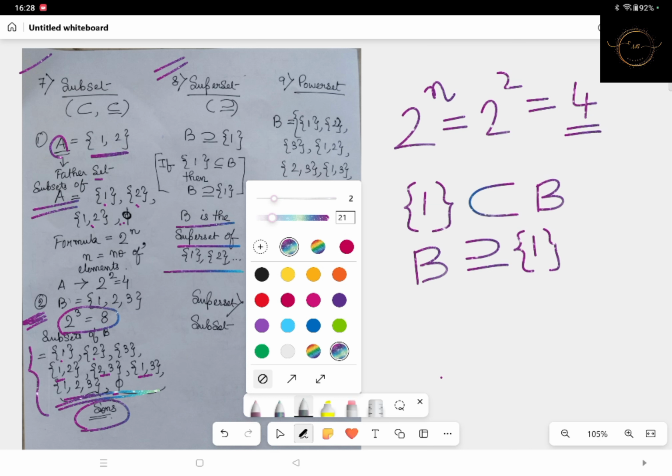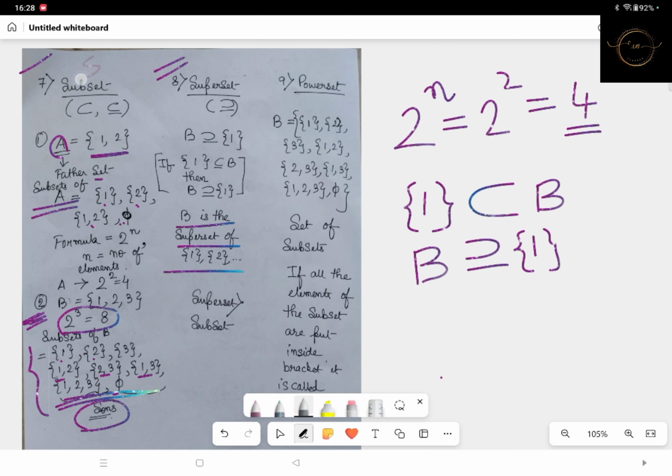By age we know that subset is all about son and superset is all about father. Father is always greater than son, right? So we will always say that superset is always greater than subset. Always remember this. Superset is always greater than subset.